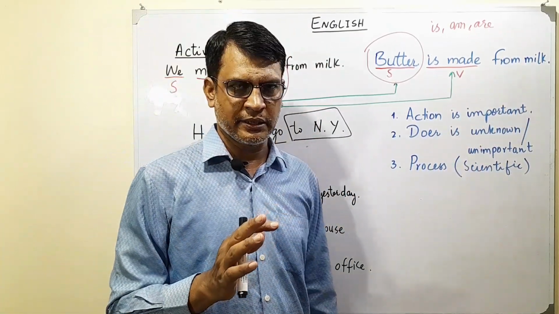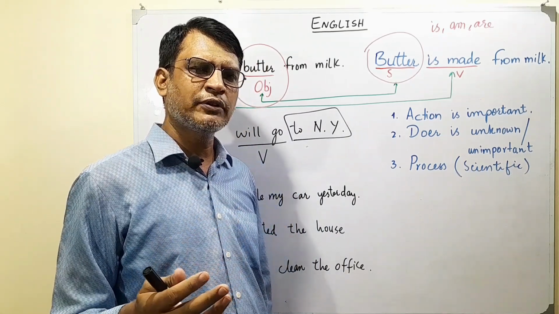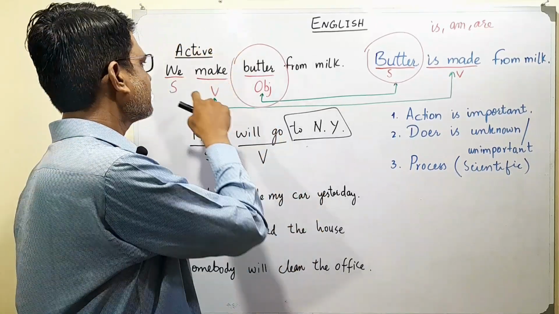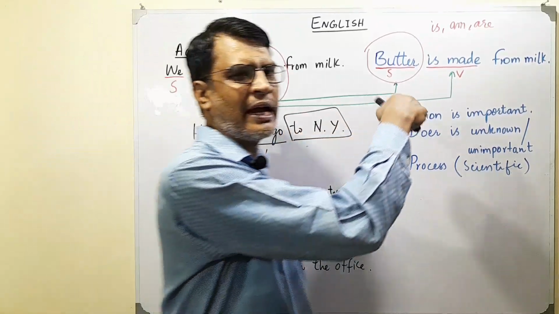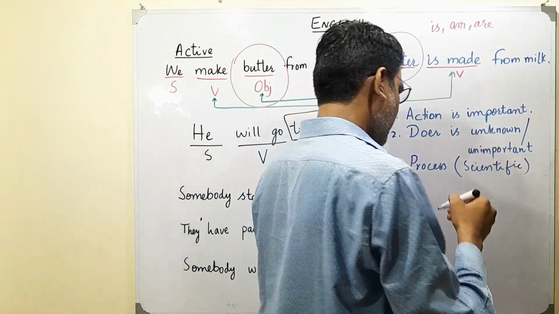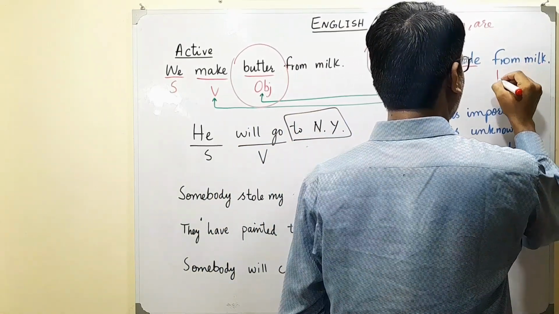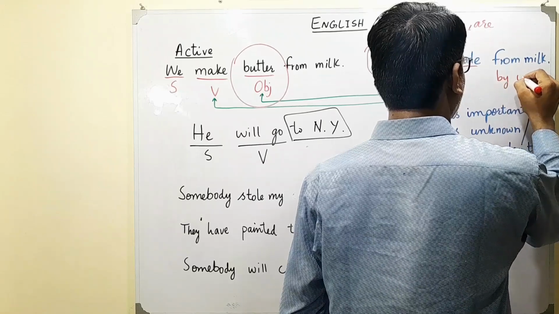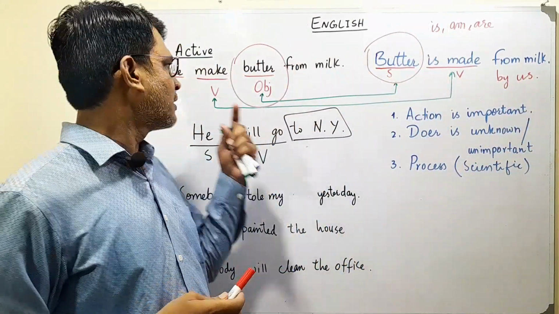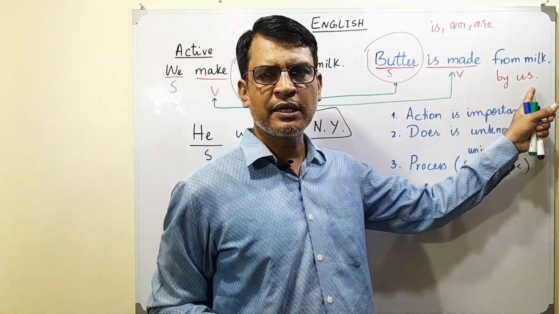In some cases, some people suggest that we should use the subject of the active sentence as an agent in the passive. So sometimes if you want, you can use by, and then you use an object pronoun, which is us. We is a subject pronoun, us is an object pronoun.